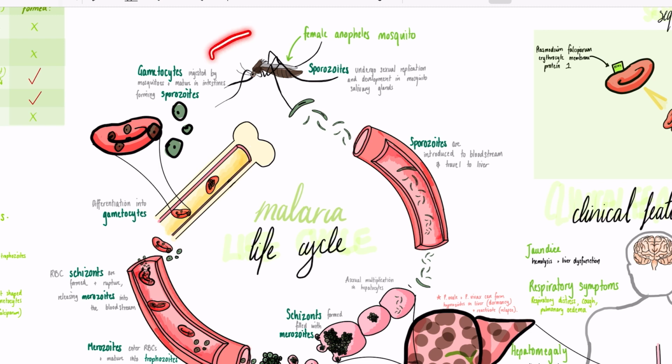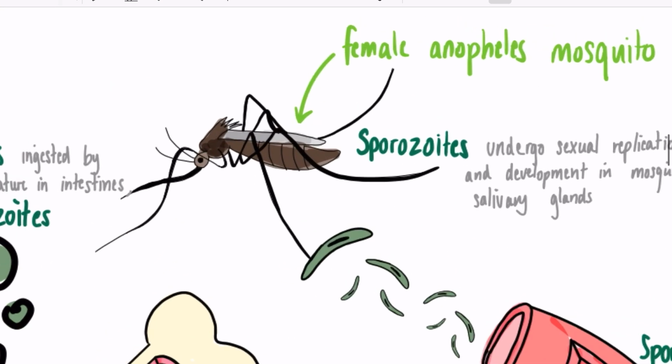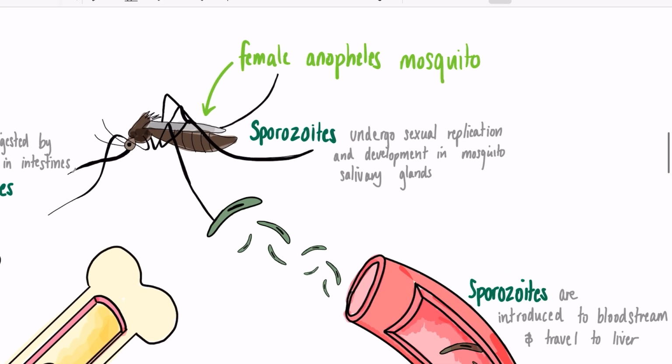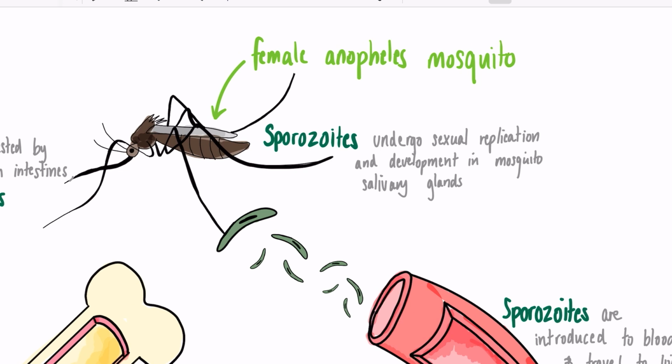So imagine we got this little mosquito here. She's bitten someone, queen, and now she's got what is called a sporozoite in her. Sporozoites inside the mosquito undergo sexual replication and development in the salivary glands of the mosquito.